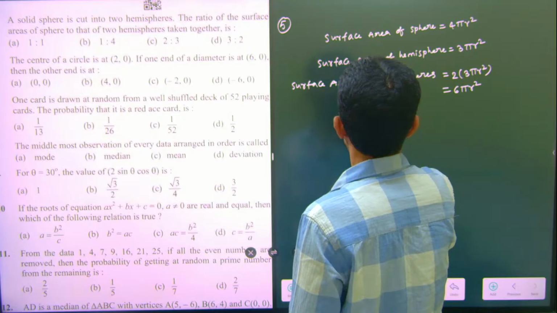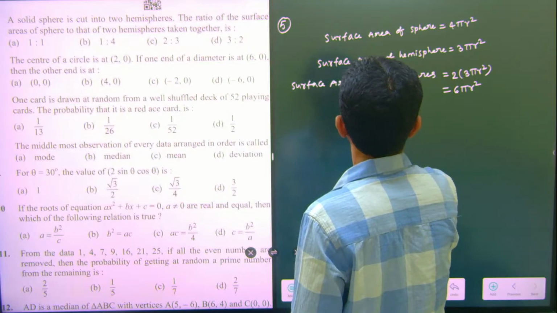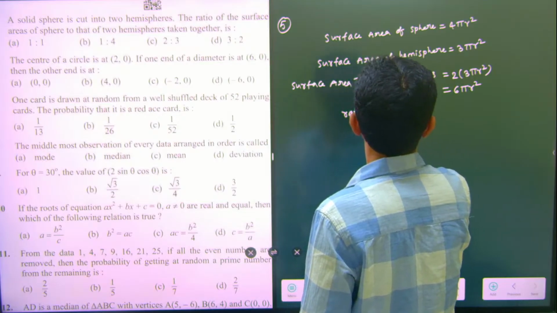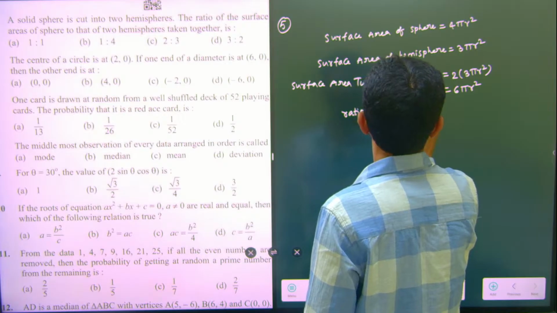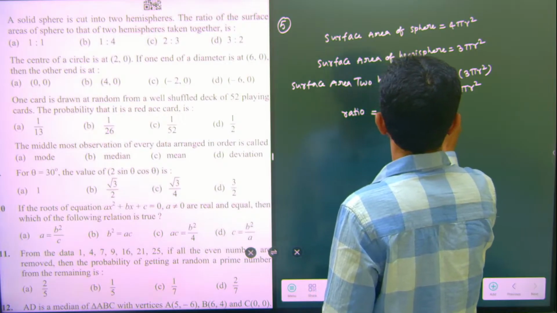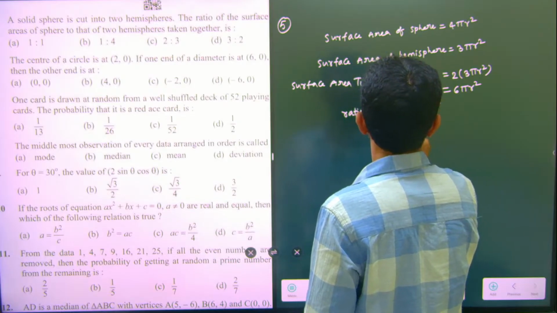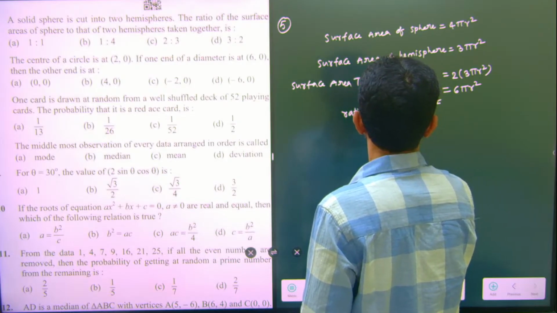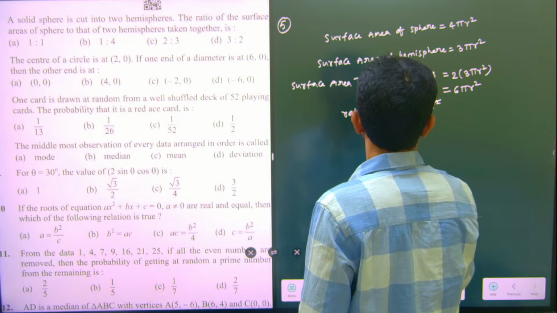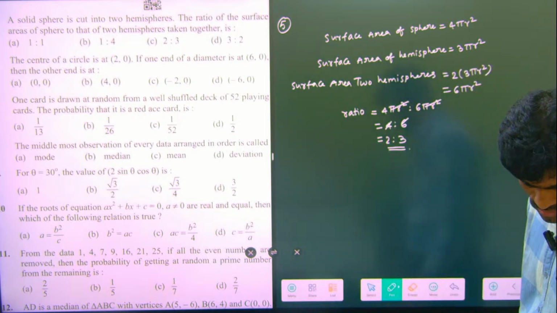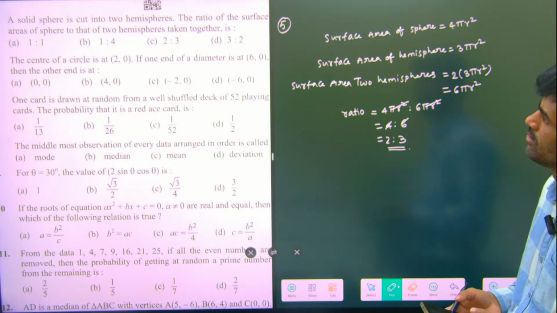Then ratio will be 4 pi r square is to 6 pi r square. Pi r square cancel. 4 is to 6. After cancellation, it is 2 is to 3. Option C.